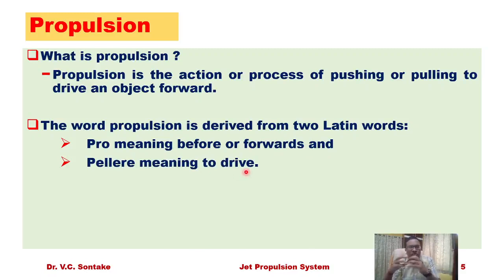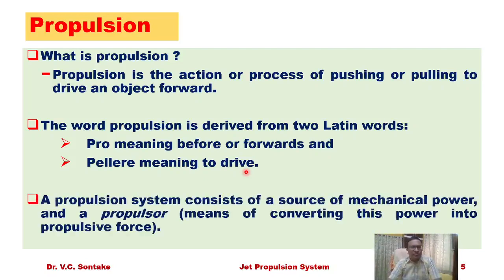So the dictionary meaning of propulsion is to drive or push an object in the forward direction. A propulsion system consists of a source of mechanical power and a propulsor. The propulsor converts the power generated by the mechanical power source into propulsive force, and this propulsive force pushes the object in the forward direction.